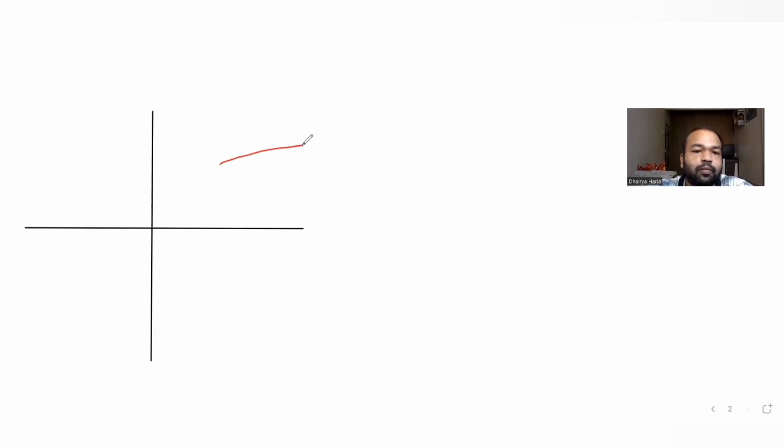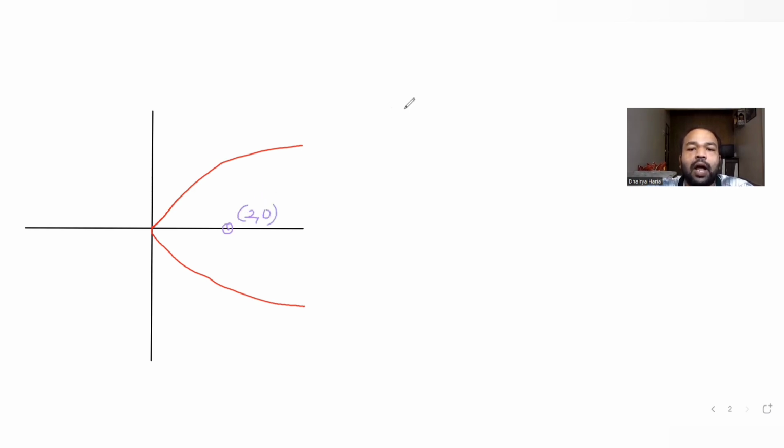Let's form that. If I draw it here, this is the y-axis, this is the x-axis. If I draw the parabola here, we have this parabola, and this is 2 comma 0, which is a.